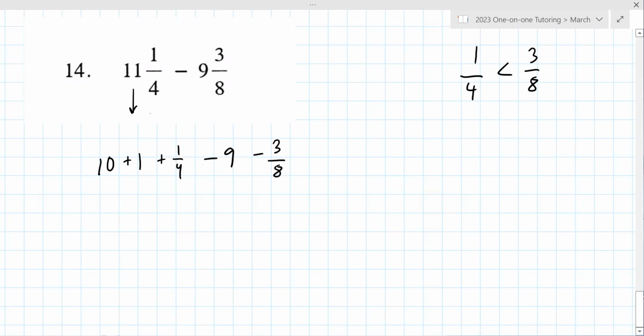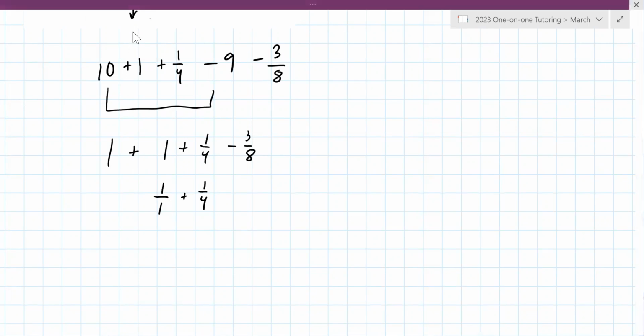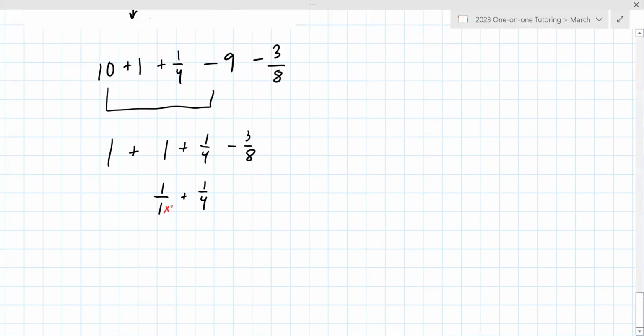All right, now 10 minus 9 is 1, so we get that there, plus 1 plus 1/4 minus 3/8. So we're going to take this 1 and it's going to become 1 over 1 plus 1/4. And we really want to add those together. So we're going to multiply the top and bottom by 4.